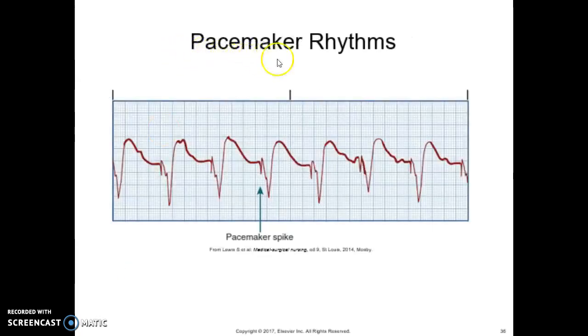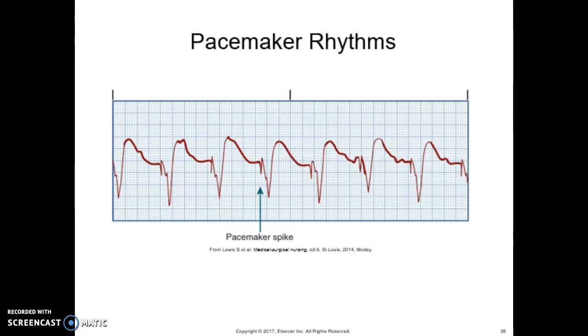So here we see a pacemaker rhythm strip. A pacemaker is a device that's implanted under the skin that stimulates the electrical activity of the heart. The patient is instructed to telephone the physician's office periodically to transmit pacemaker readings across phone lines.